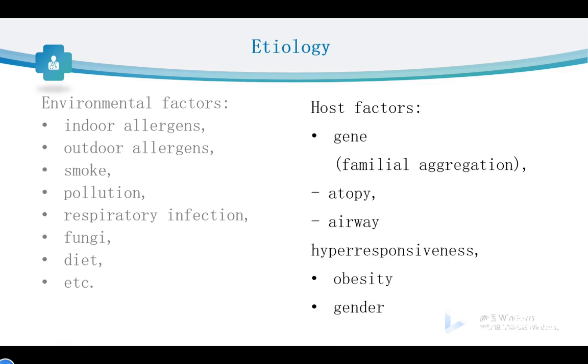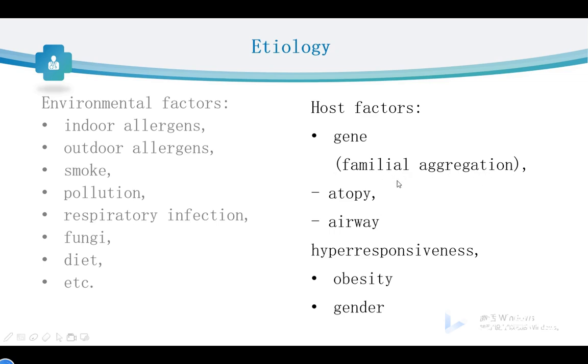And about the host factors, the most important is the gene. For now, there are lots of new investigation and research for the asthma gene. If you are interested in these studies, you can search online and download for further learning. The asthma gene usually present a familial aggregation.